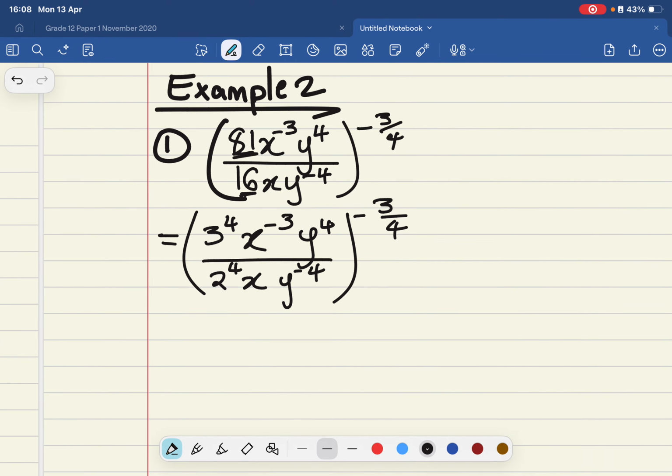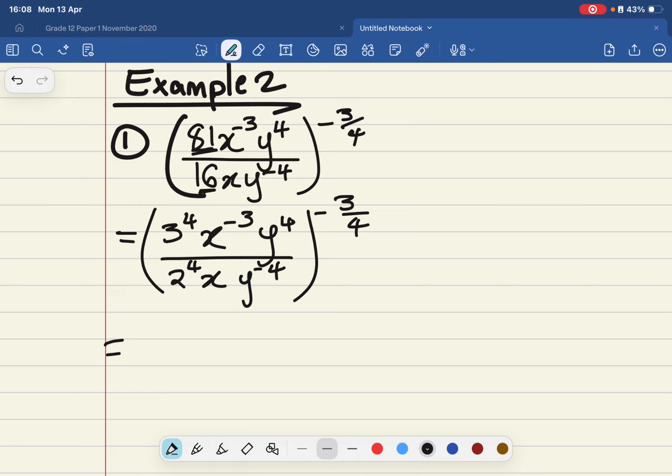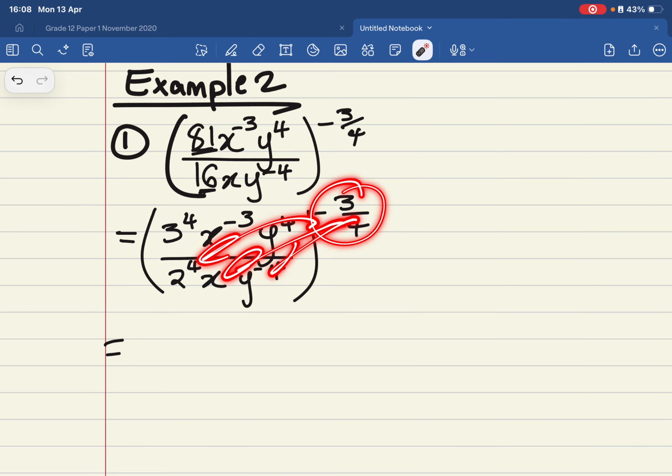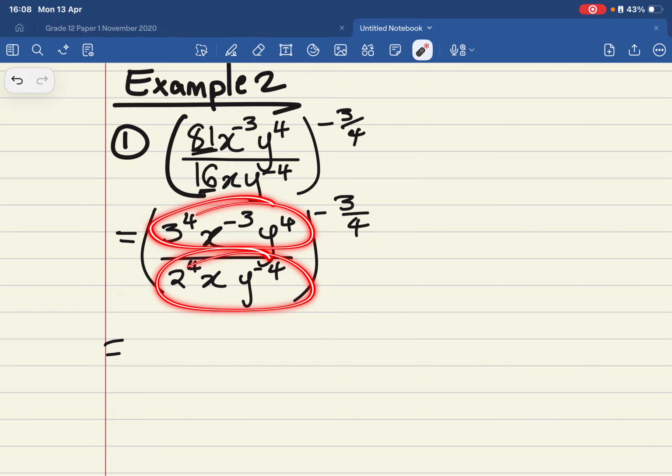Now, our bases are prime bases. Now let us apply the laws of exponents, which means we are raising this one to this one, to this one, to this one, because it's a product. And also we raise this one to this one, to this one, and to this one, because it is a fraction or a quotient.